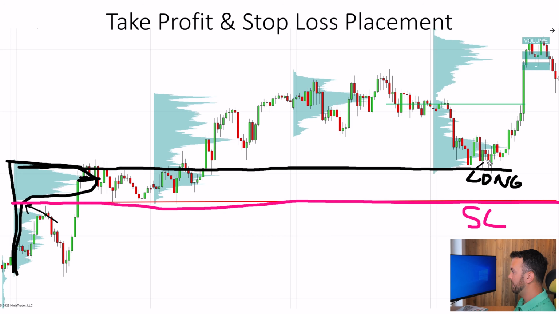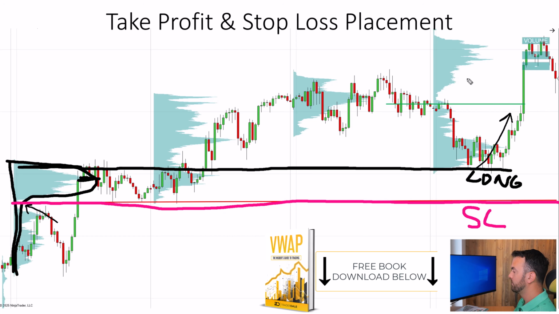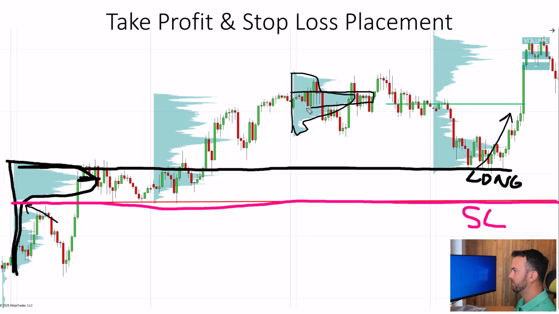And now when the price reacts to our long, we need to look for a place to quit the trade. And if you look at this profile, nice D-shaped profile, then it has a heavy volume zone with point of control in here. The beginning of this heavy volume zone is right here.